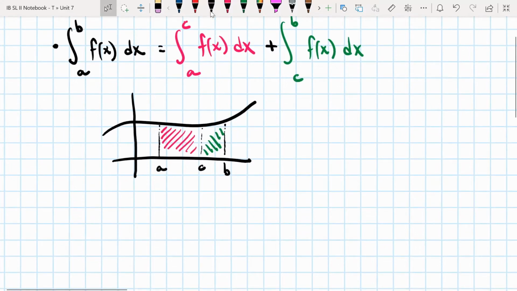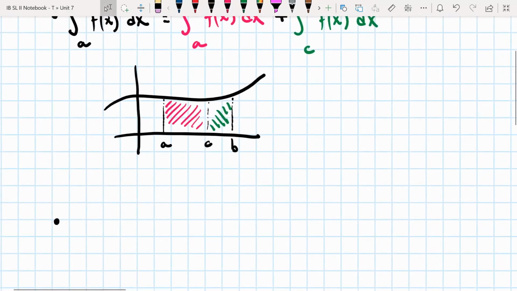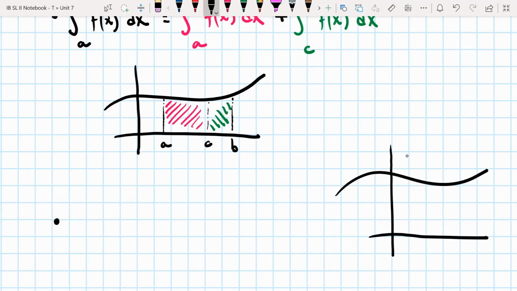All right, second property. If I want to determine the area between two curves, so let's say we have a function here, and here's the upper limit of an upper function, and let's say there's another function that comes below, and let's say it looks like this. And we'll call this a, and this will be b.